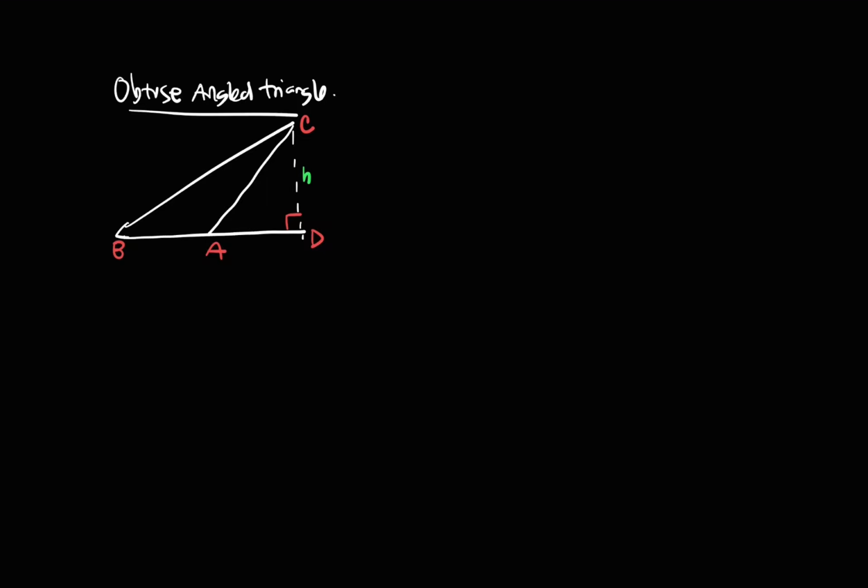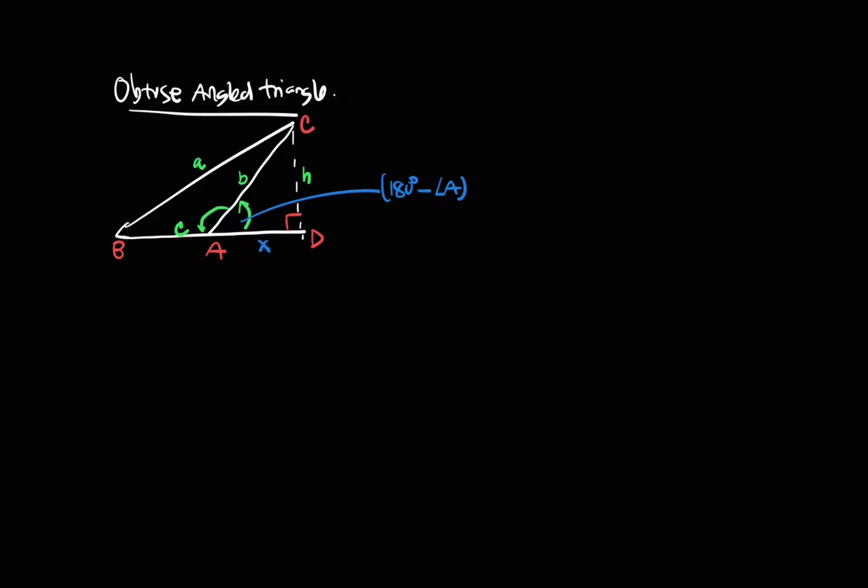The H is here, and this is B, this is C, and this is A. Remember that this is the acute angle, meanwhile this is the obtuse angle. And we can label this as X. So we can find that this is 180 minus angle A.